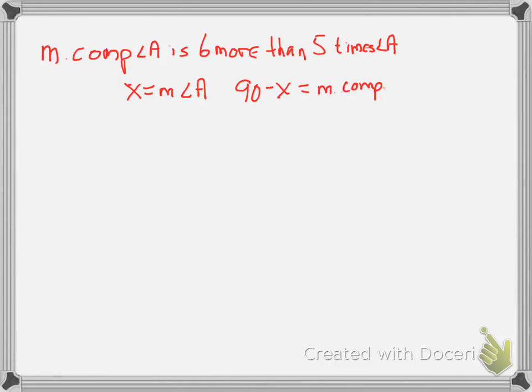If that was the approach you'd use, then the words of the problem say the measure of the complement, well, that's the 90 minus x that we've just named, equals 6 more than 5 times the measure of angle A, which is x, so 5x. If you solve that, you're going to get x being 14 degrees.